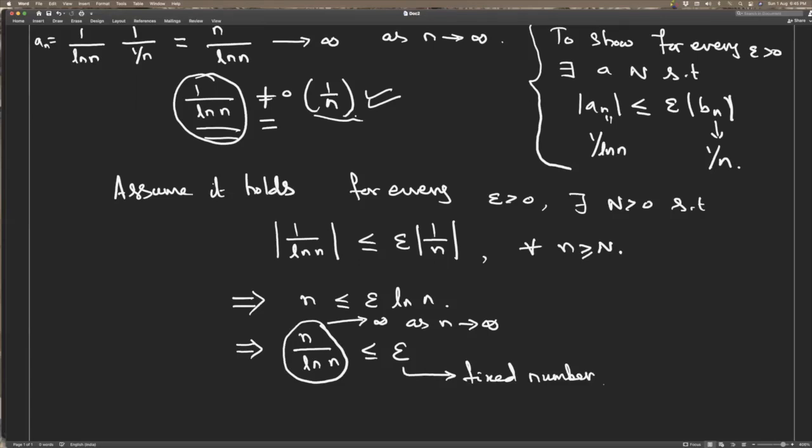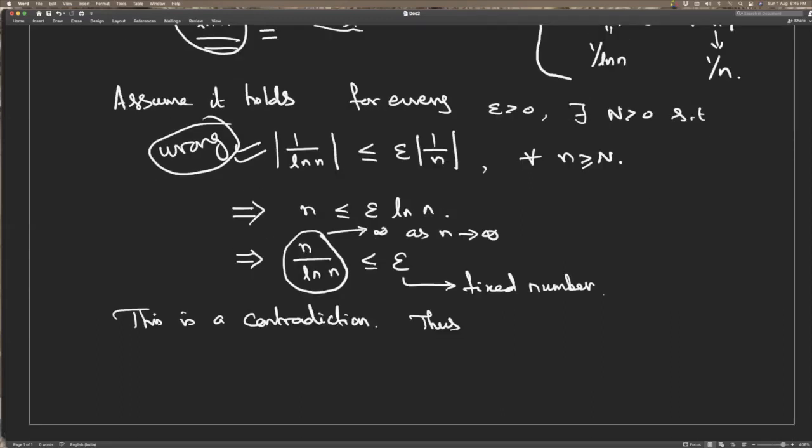That is, the left hand side will be growing drastically, and that will happen to be less than or equal to a small number. Okay, such things will happen, and that will tell you that this assumption is wrong, right? So this is a contradiction. Thus 1 by log n is not small o of 1 by n.